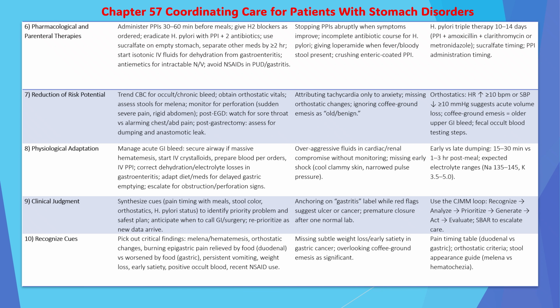To memorize: recognize, analyze, prioritize, generate, act, evaluate. SPAR to escalate care. For recognizing cues, pick what the nurse should do, to pick out critical findings: melena, hematemesis, orthostatic changes, burning epigastric pain relieved by food for duodenal versus worsened by food for gastric, persistent vomiting, weight loss, early satiety, positive occult blood, recent NSAID use.